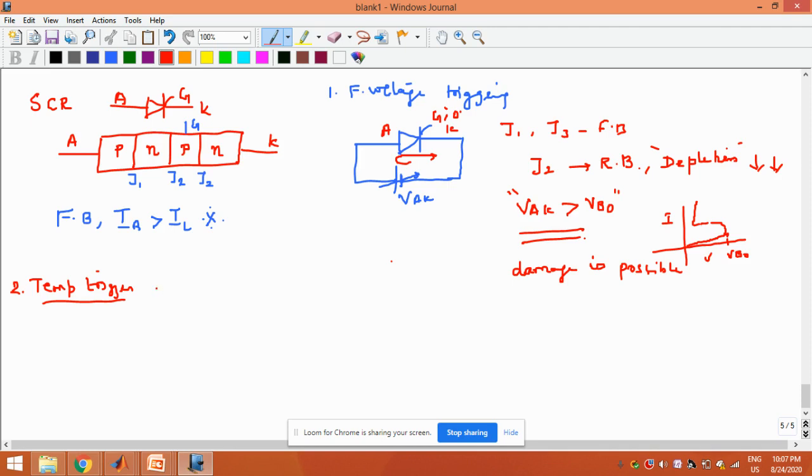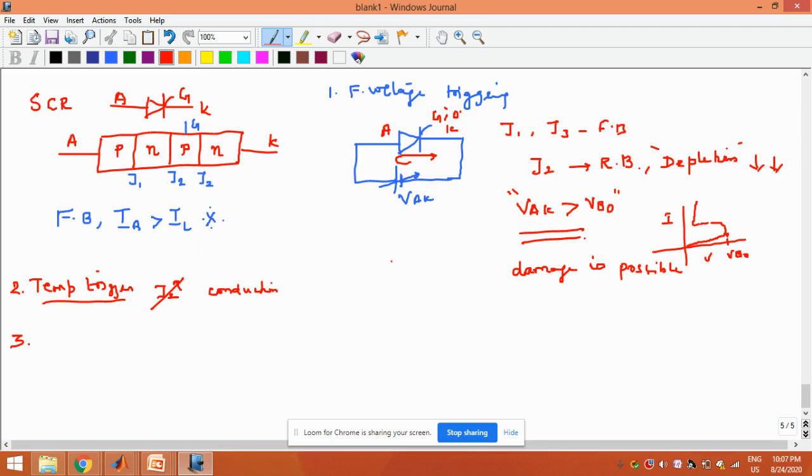Because of that, the J2 gets ruptured. Once it is so, the depletion width gets negated, and conduction flows. So we know that as the temperature is directly proportional to the thermal conductivity, as you increase this, the SCR is pushed into the forward conduction.